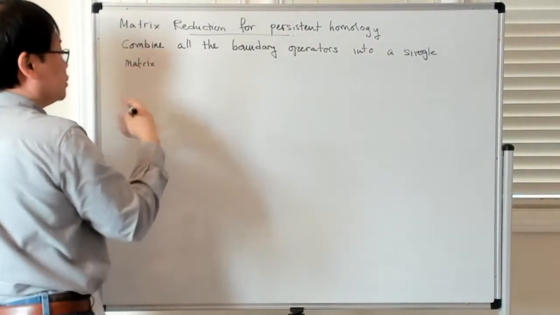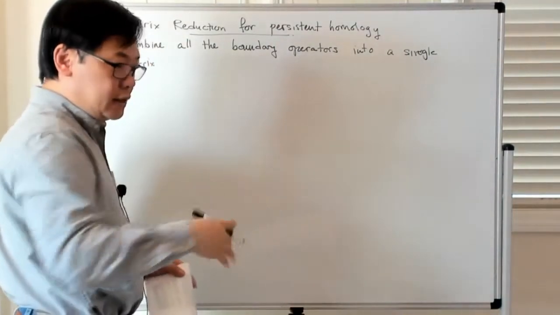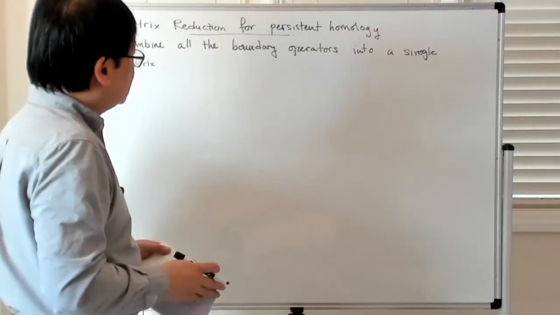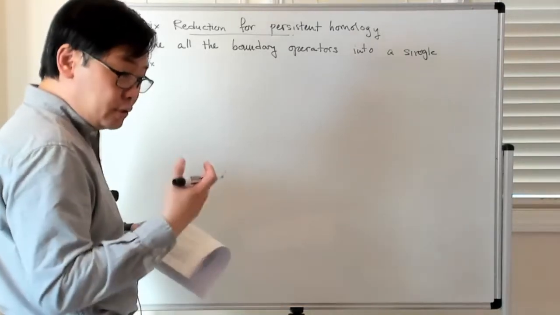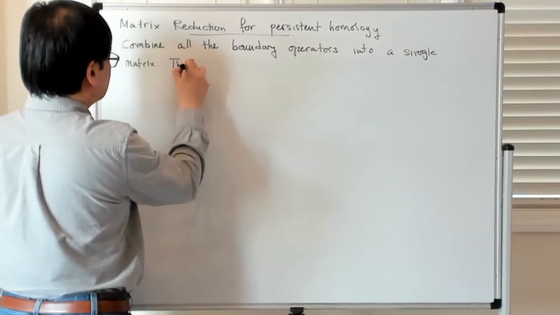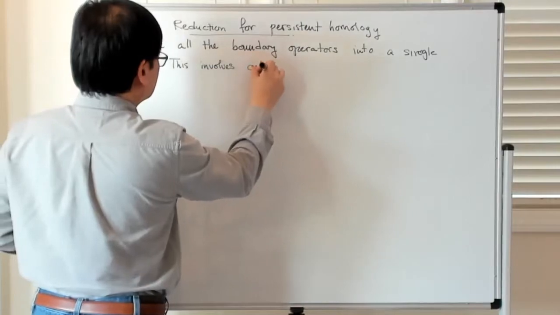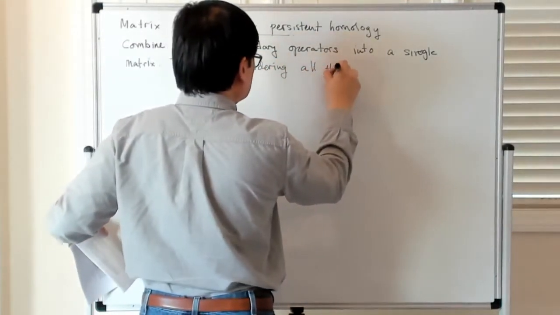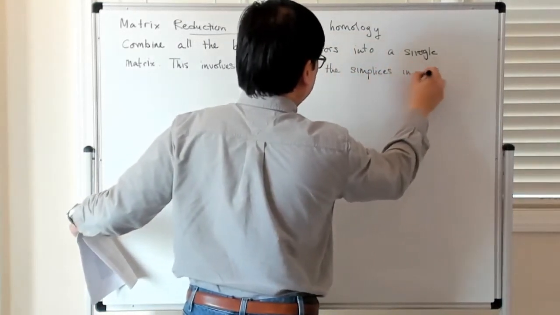Okay, and in particular, this involves all the nested simplicial complexes and all simplices of different dimensions. So this involves ordering all the simplices in a particular way.